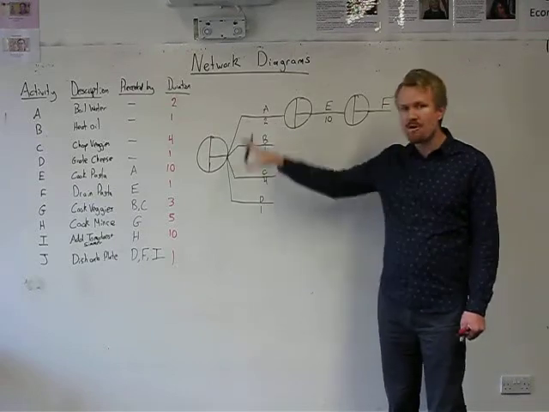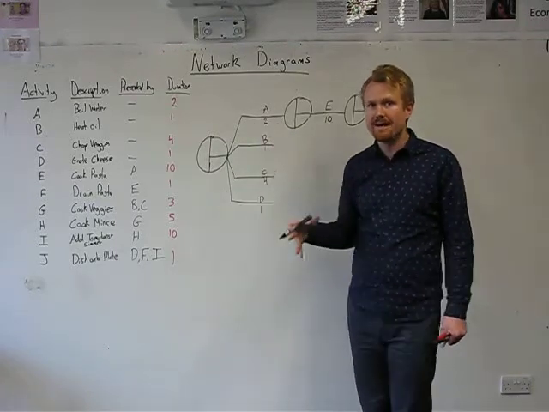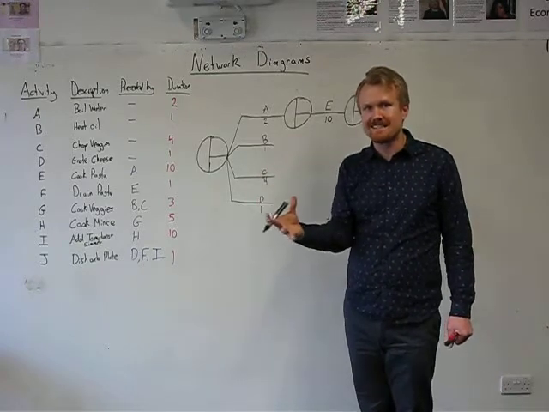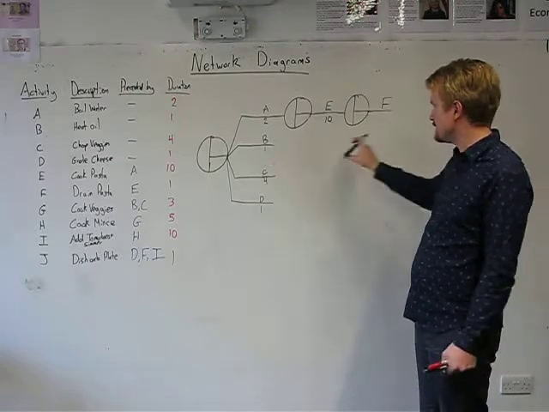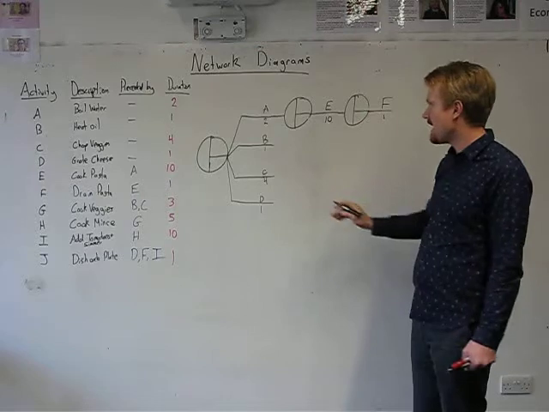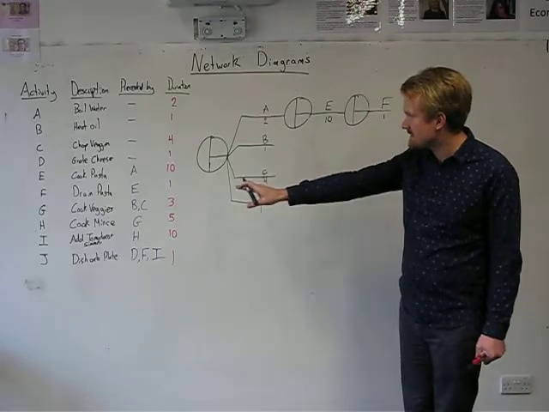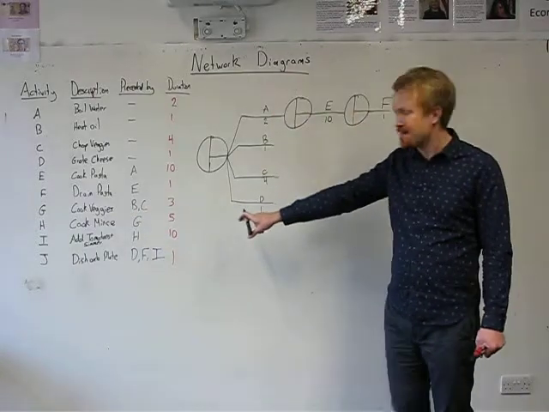Notice how I don't worry about these other tasks yet, and I'm not concerned about getting them plugged into a node until I've represented a task which needs them to be completed. So task F is now done, and task F takes 1 minute. I now look down the list. Task G is dependent on tasks B and C being completed.